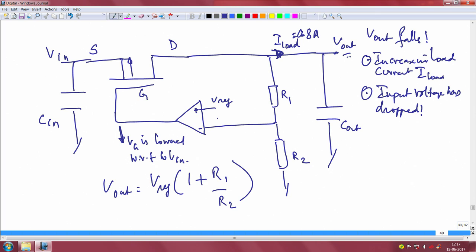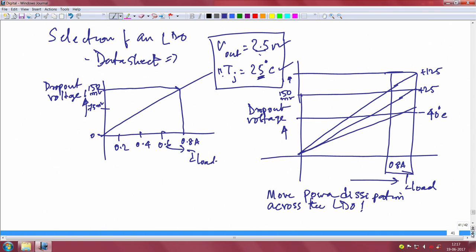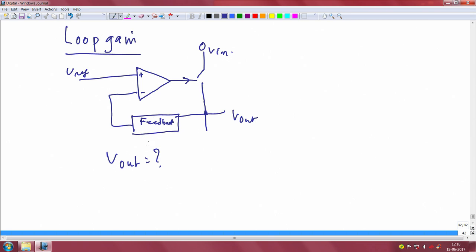This is a simple expression for actual output voltage, which is nothing but the gain term coming from these two resistors. Okay. So, coming back, this is the feedback, you know the V out here, this is nothing but Vref times 1 plus R1 by R2. Okay.